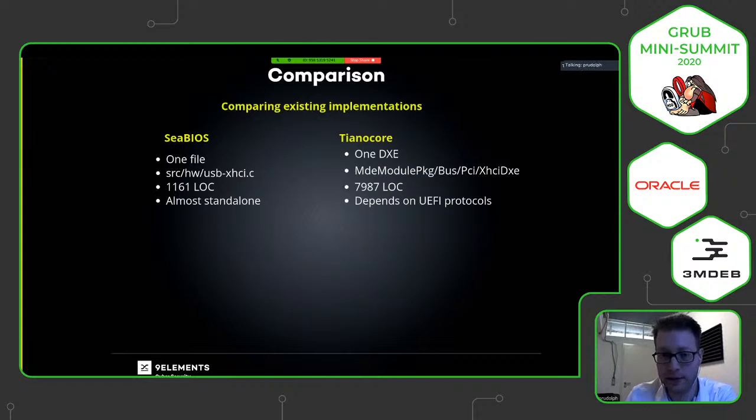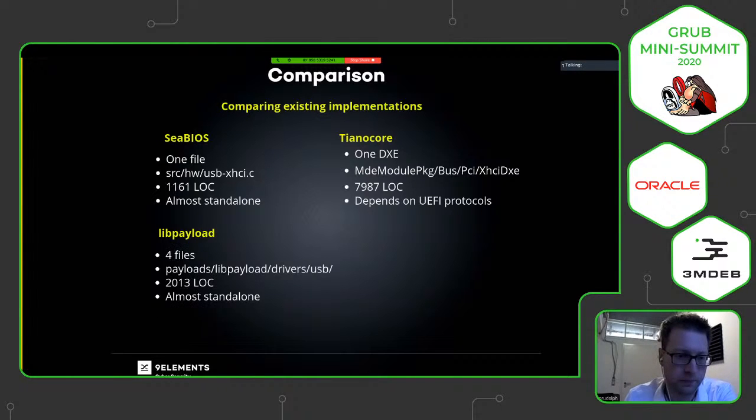There are multiple files in it, about 8,000 lines of code, which is quite huge compared to SeaBIOS, but it heavily depends on UEFI protocols. So we would have to implement UEFI protocols in GRUB if we want to use that. That's something we won't do.